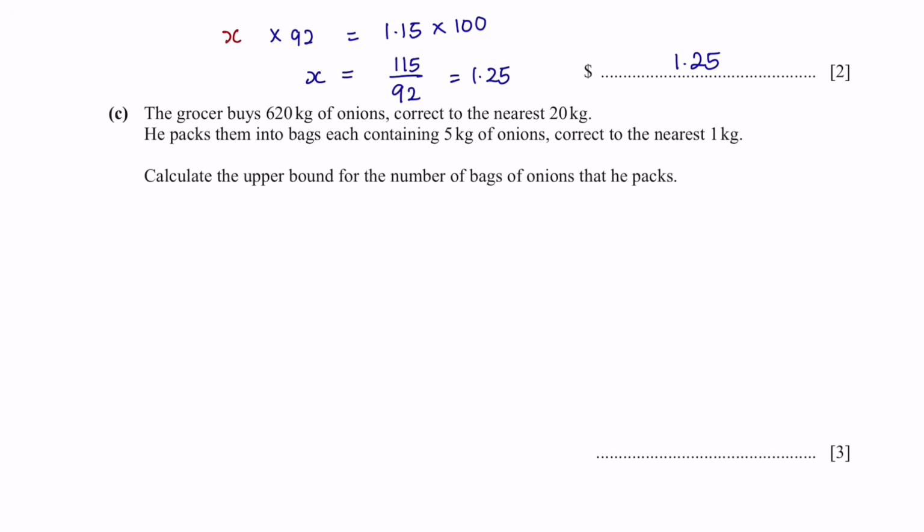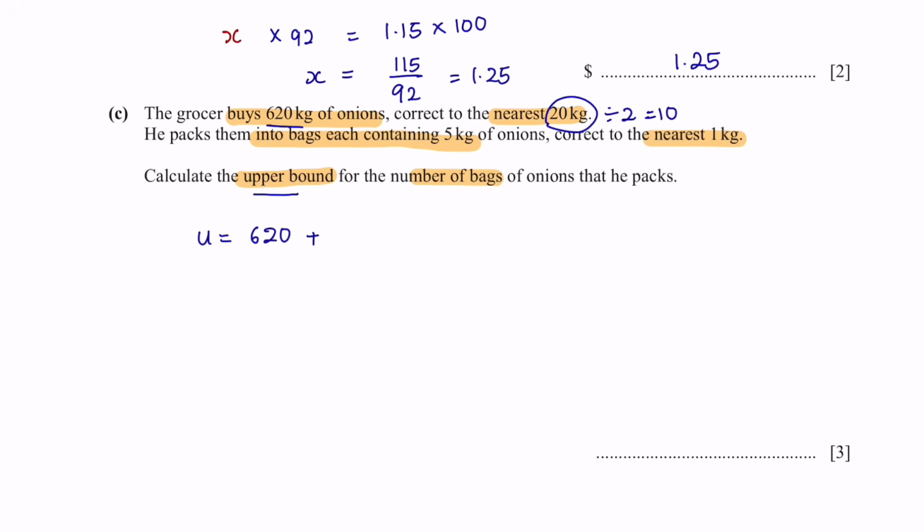Part C. The grocer buys 620 kilograms of onions, correct to the nearest 20 kilograms. He packs them into bags, each contains 5 kilograms of onions, correct to the nearest 1 kilogram. Calculate the upper bound for the number of bags of onions that he packs. So to calculate the upper bound, 620 kilograms is to the nearest 20 kg, so half of this would be 10.